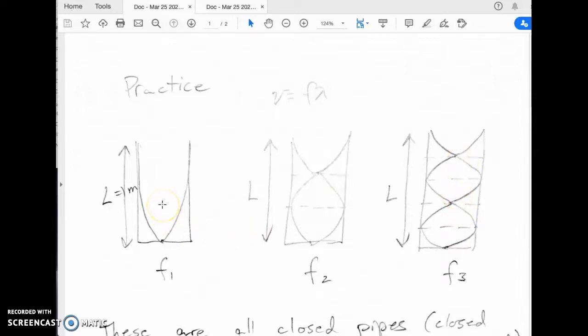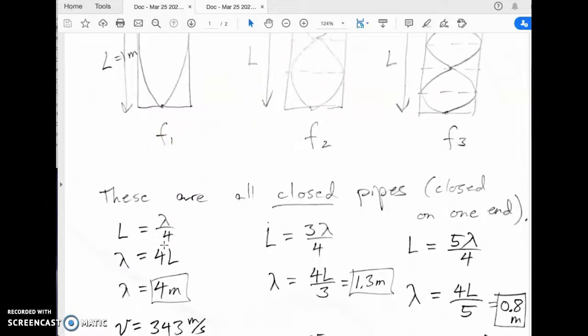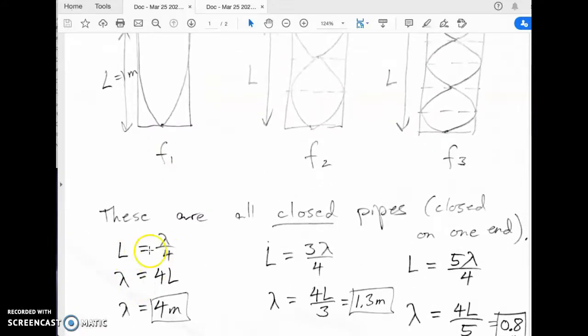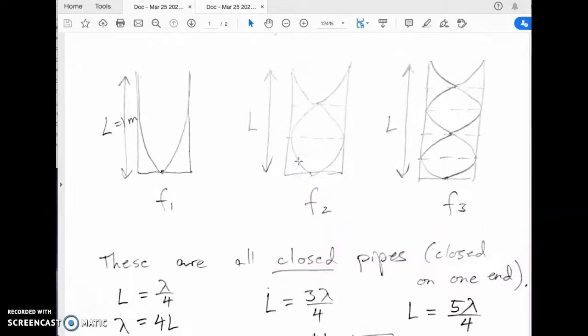So this is a quarter wavelength on this fundamental, which means the whole length of the pipe is only a quarter wavelength, and the rest of the wavelength would be outside the pipe. In other words, the wavelength is 4 times the length, or 4 meters. This is a 1 meter long pipe.